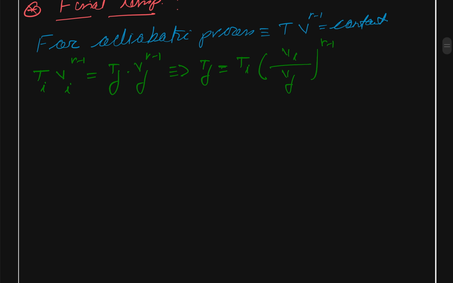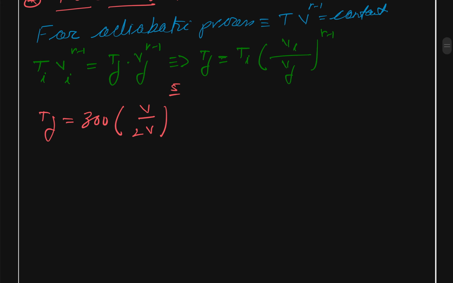So we get our final temperature as 300 Kelvin times V upon 2V to the power 5/3 minus 1.